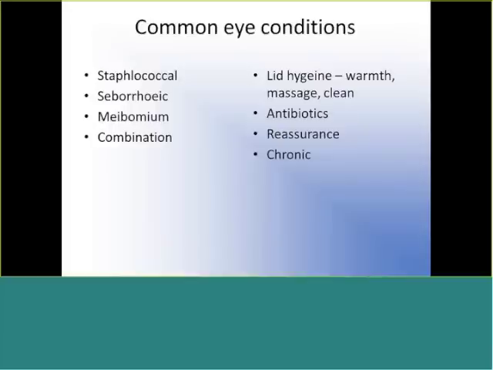And the way that we treat these patients is with lid hygiene. And what you're trying to do is you're either unblocking the meibomian gland or you're getting rid of the staphylococcal colonies around the lashes. And so lid hygiene includes warmth to the lids.